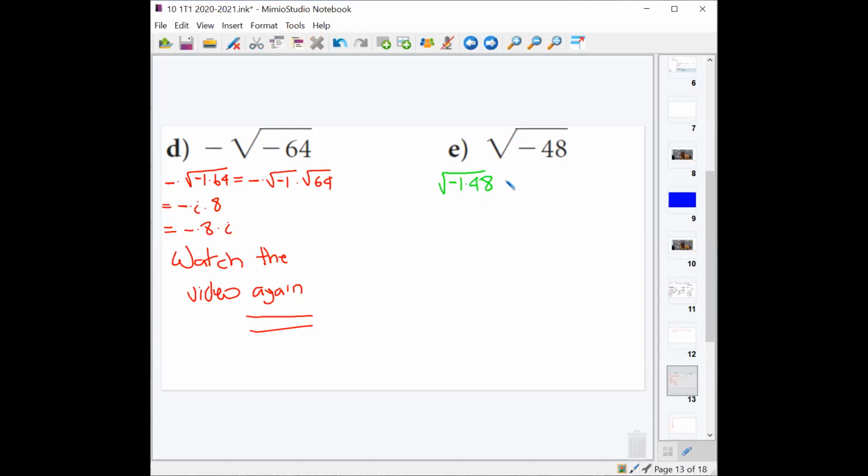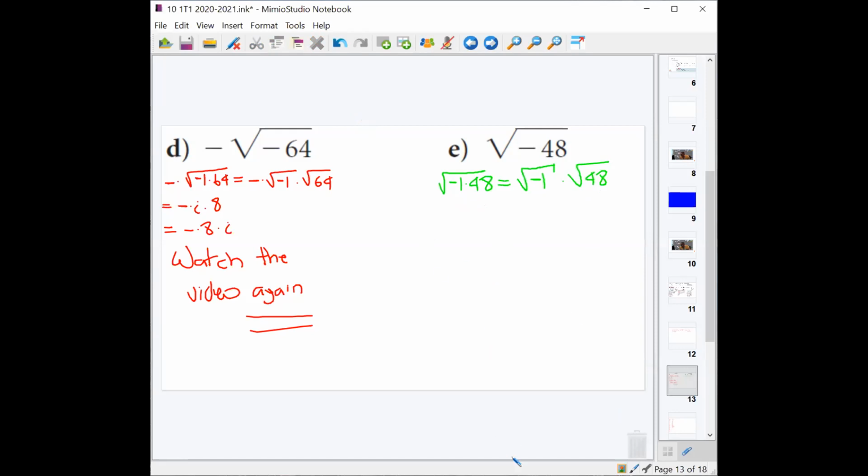Thank you very much. What's the next step? The second step is that we divide them, well, not divide them, we have the square root of negative 1 times the square root of 48.